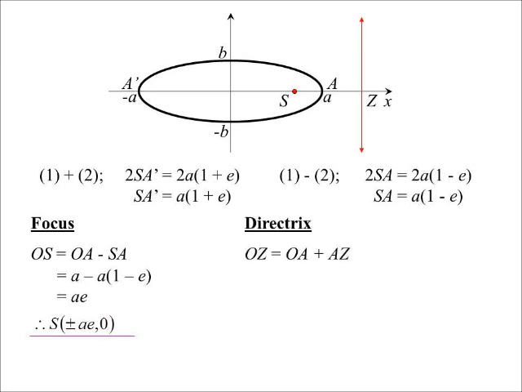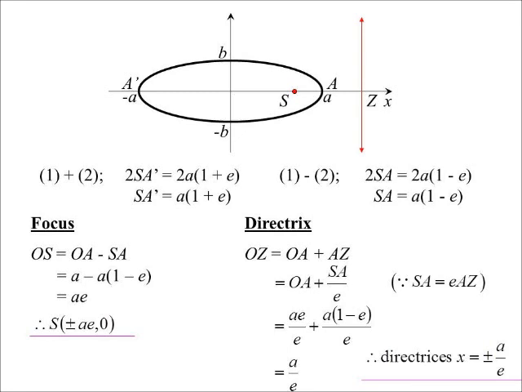Now the equation of the directrix, so we need to work out what Z is. So OZ will be OA plus AZ. Well, AZ, I'm going to rewrite the definition of the ellipse. If I rearrange it, I'll get SA divided by E, because remember, SA will equal eccentricity times AZ.